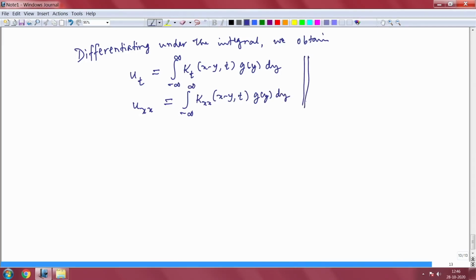For the justification of taking the differentiation under the integral sign, the important thing we use is this for the exponential function.